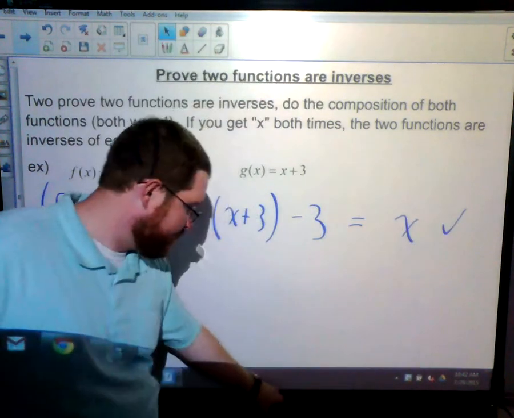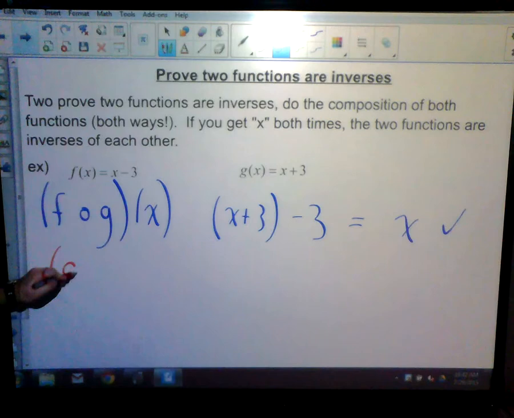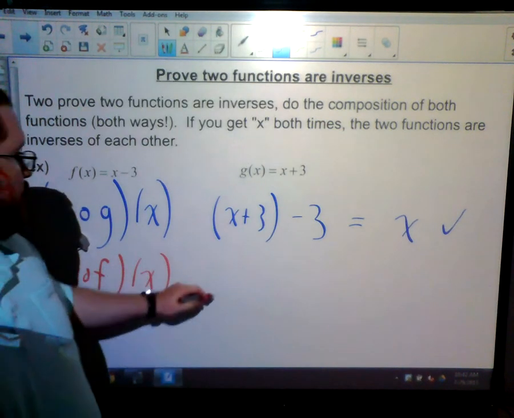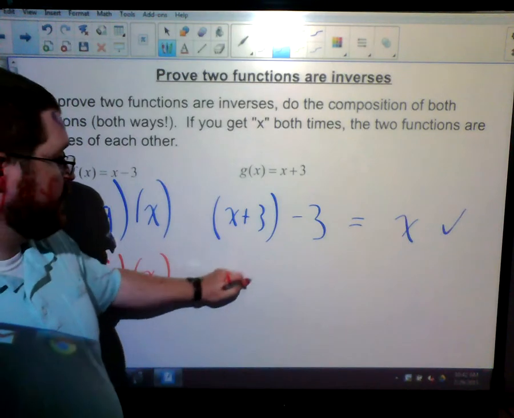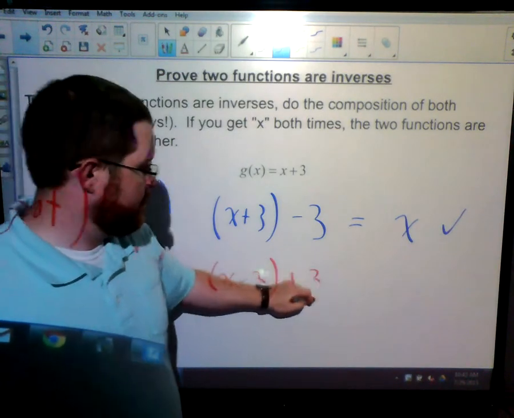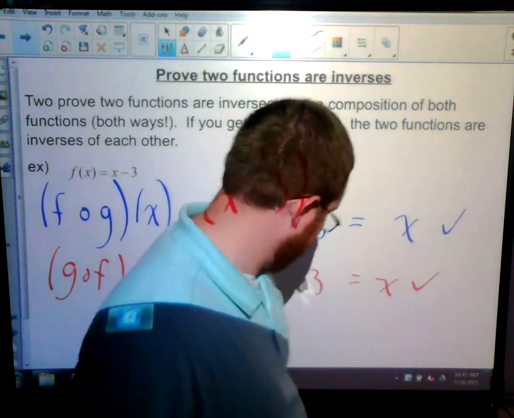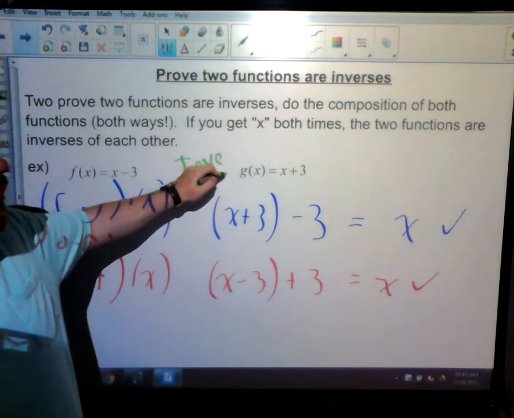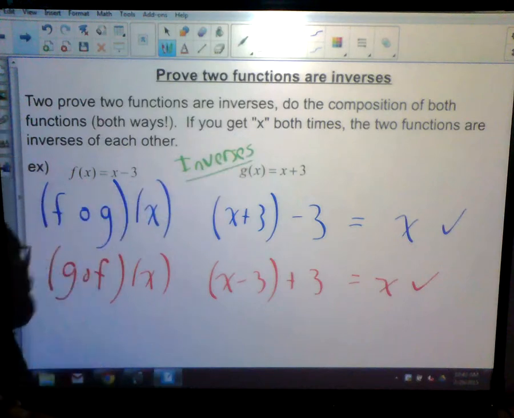We're good. Do it the other way. g of f of x. So I plug f, x minus 3, into g, and I get x. Since I get x both ways, these two things are inverses. Obviously, you'll have much tougher problems to work with, but that's the basic idea.